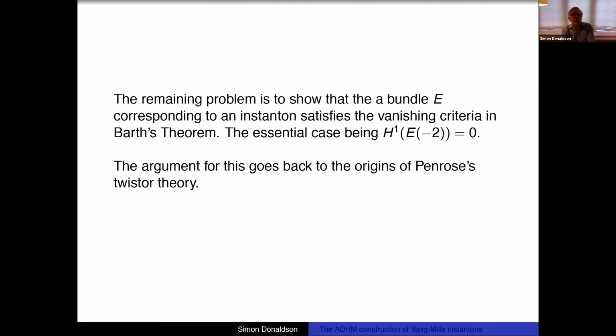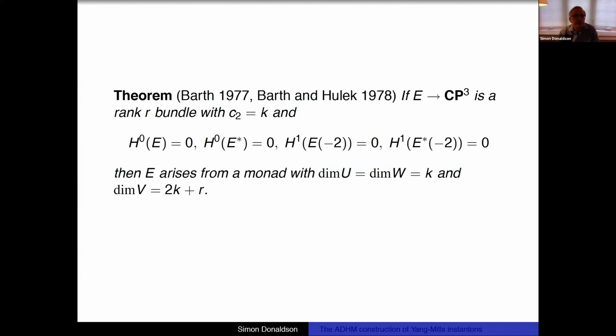So with all that in place, all we have to do is to show that the bundle E, which we have over CP3, according to the Ward correspondence, corresponding to an instanton, satisfies all those vanishing criteria in Barth's theorem. Remember, they had all this stuff about the H0s and the H1s of E and E star.